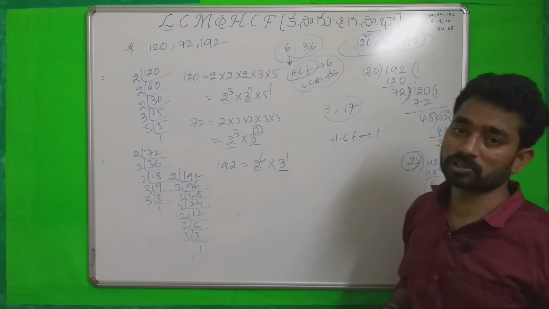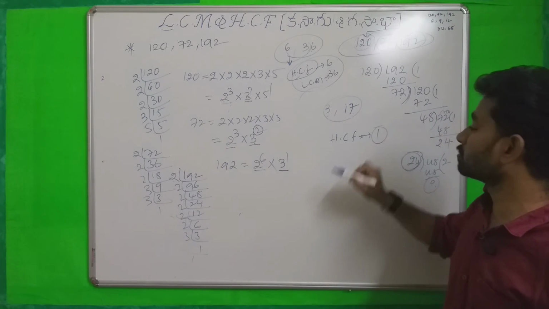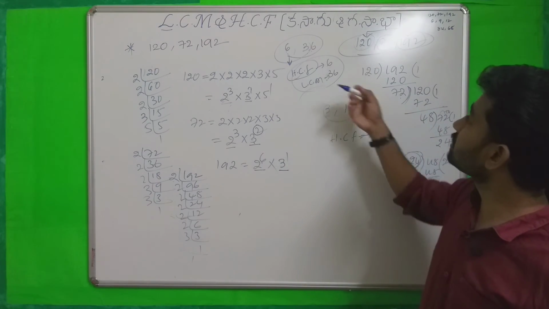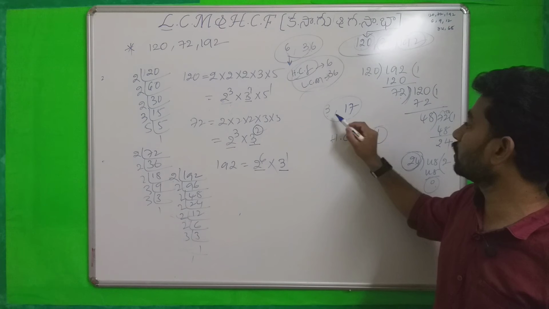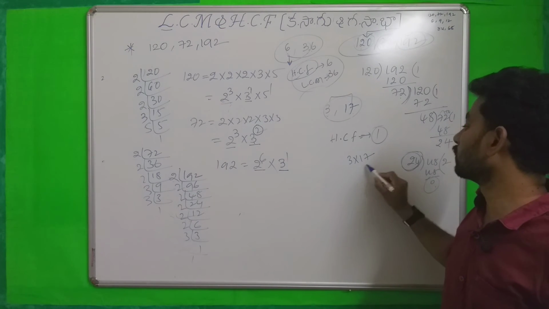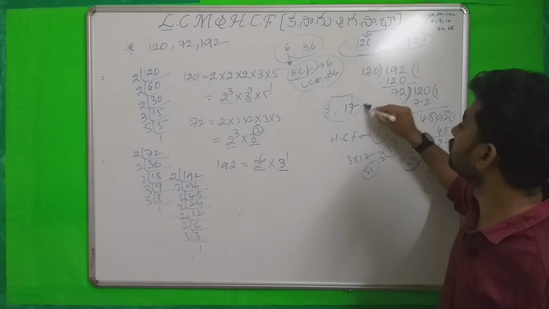No need to do the process. Directly we can say these are co-primes. If they are co-primes, their highest common factor is 1. And LCM is their product: 3 into 17, 51. So 51 is the LCM of these two numbers.